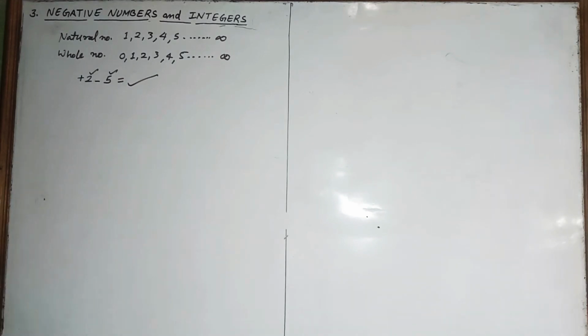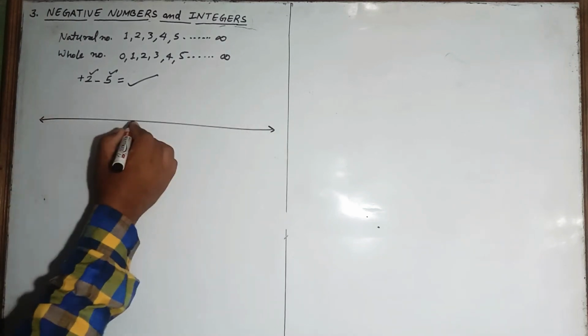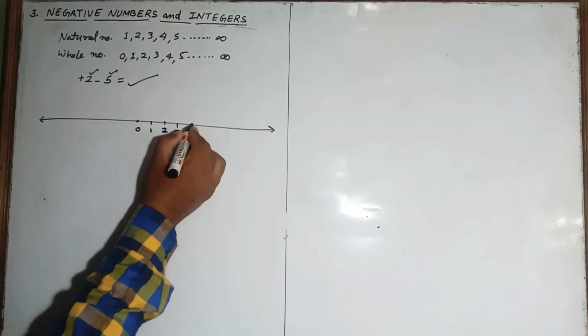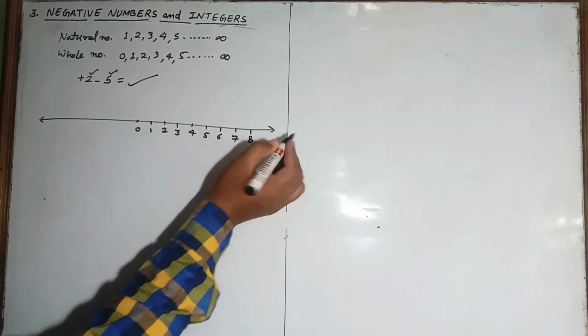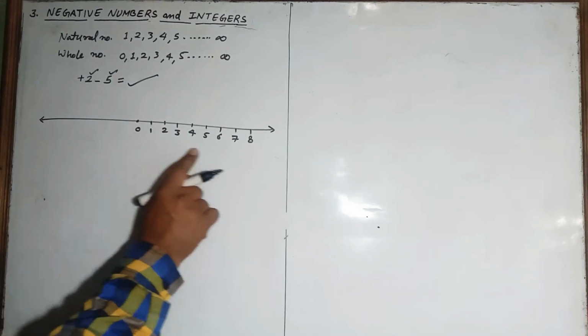Now see what the negative numbers are. See, as you draw a number line here, from 0 it will be 0, 1, 2, 3, 4, 5, 6, 7, 8 and so on. Now you know that all these are whole numbers.